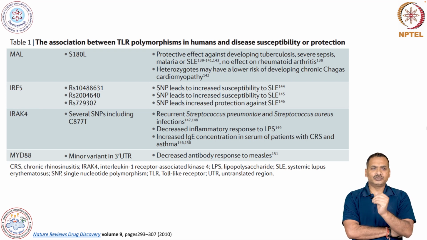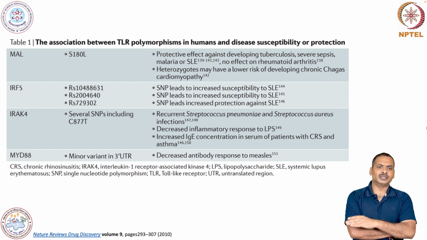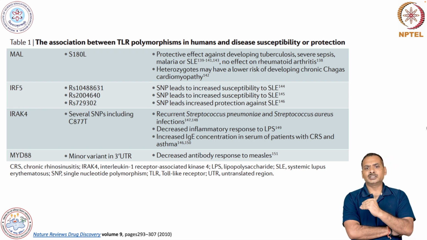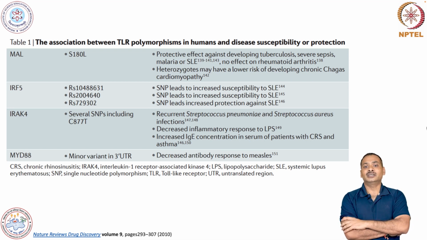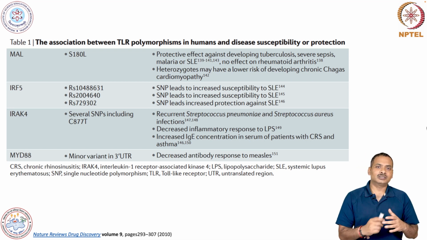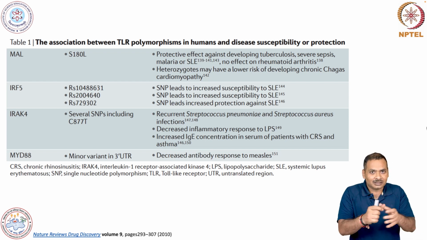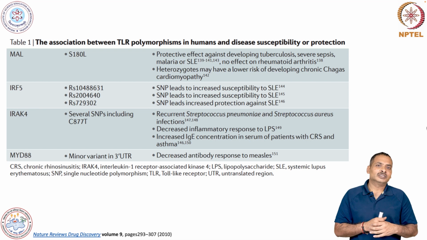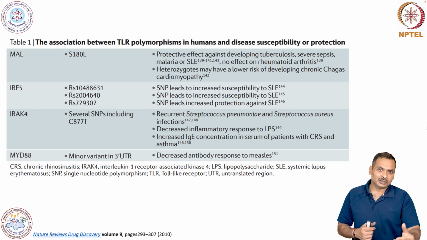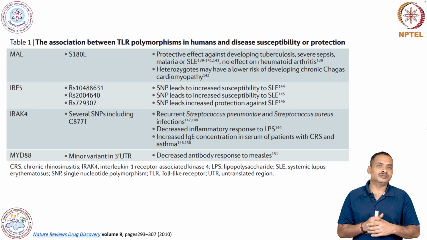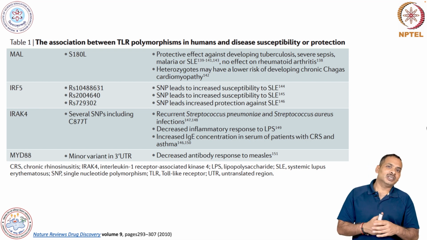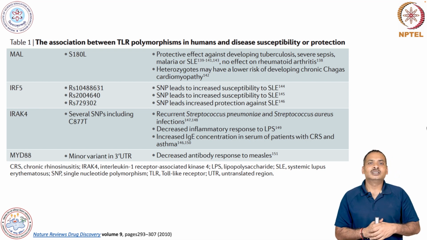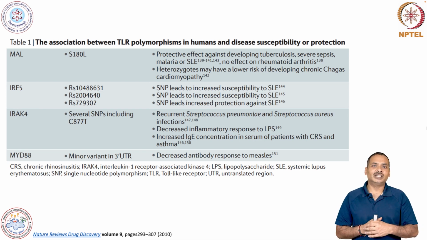And the last polymorphism in case of IRF5 leads to increased protection against SLE. So these are quite complex. Understanding the deeper biology is not so easy, because this polymorphism is present in humans, and we cannot make a genetic manipulation in humans. Of course, we can do it in mice, and we can dissect out the basic mechanism, but it's quite challenging.